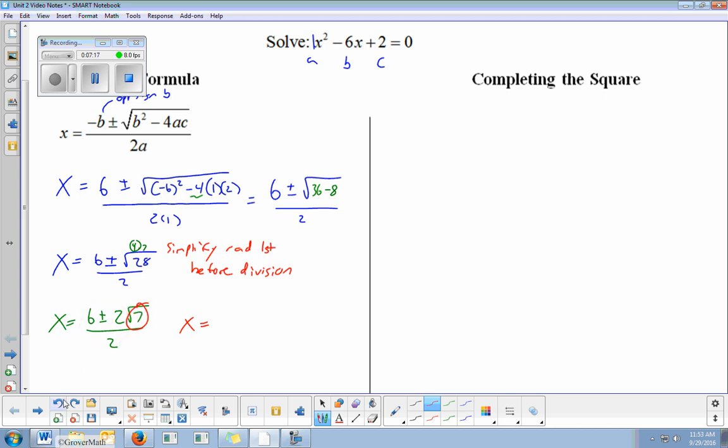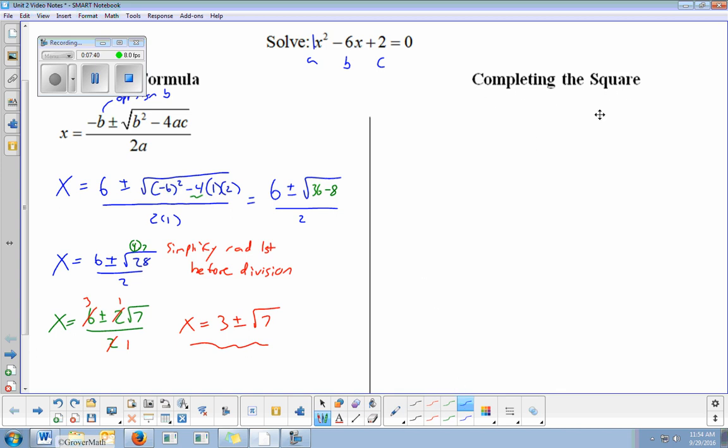And they can all be divided by 2. So 6 divided by 2 is 3, plus or minus 2 divided by 2 is 1, which I'm not going to write because it's times rad 7, and 2 divided by 2 is 1. So divide by 2 was 3, divide by 2 was 1, divided by 2 was 1, and this is my final answer. All right, so that's the quadratic formula, and you should be familiar with that.